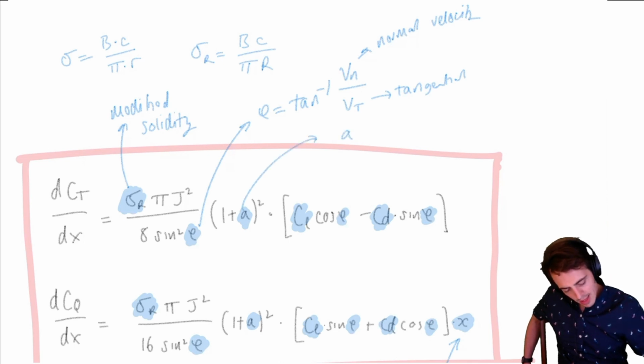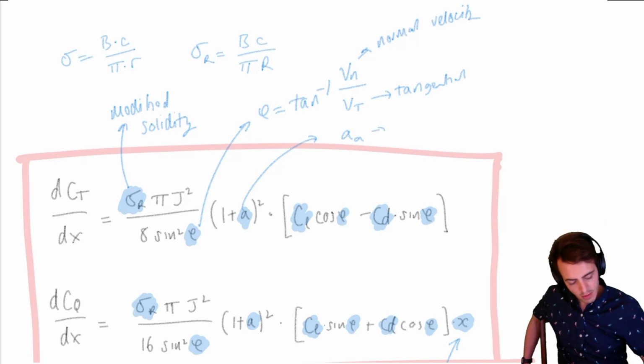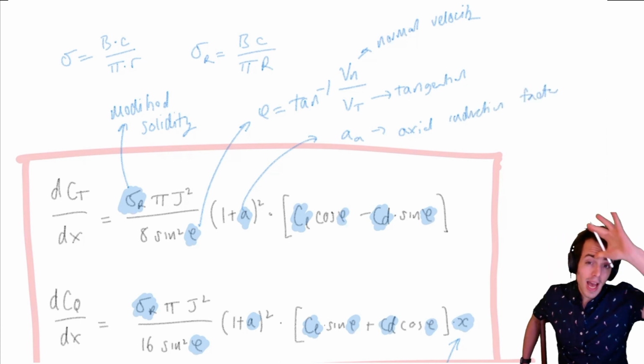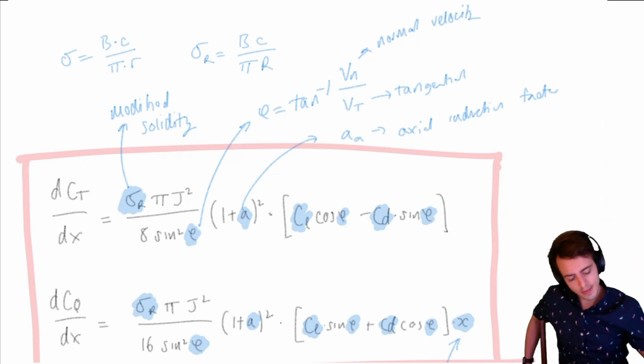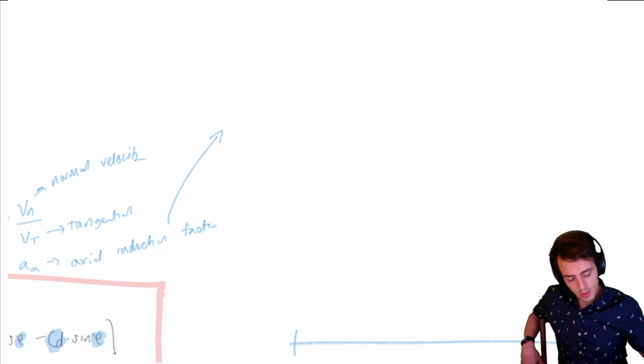Now I'm being a little bit lazy here. I should be writing a with the subscript a there. That's my axial induction factor. If I write a on its own, it's always going to be the axial induction factor. We remember that so we have got some velocity perturbation, which is the induced velocity.